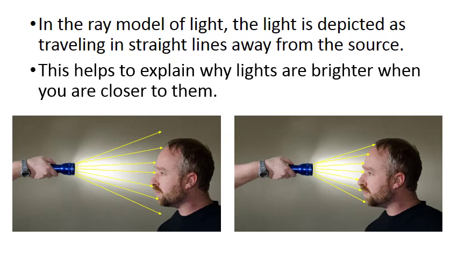The reason is just because it's closer and they haven't had a chance to spread out as much. So because more of them are hitting me in the face, it's more concentrated. More of them are hitting me in the eye, which means my eye is seeing more light, which means it's brighter. So this is how the ray model of light can help us explain why lights would be brighter the closer we are to them.